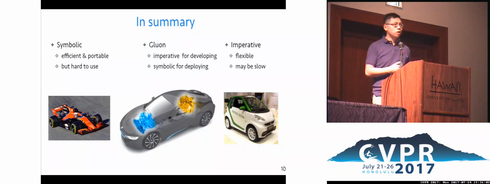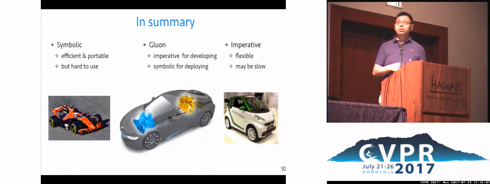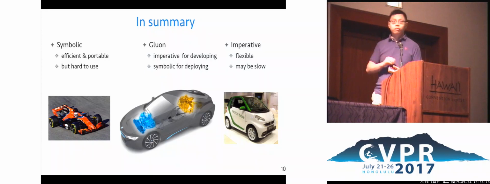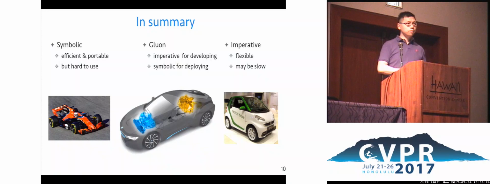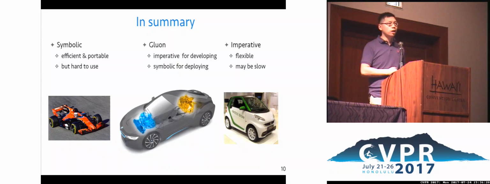So what we're trying to do is provide a unified solution, which means you can program faster using the imperative way and enjoy everything imperative has. And then if you care about performance and want to deploy, you can simply convert into a symbolic way. This is the basic idea of what Gluon provides.